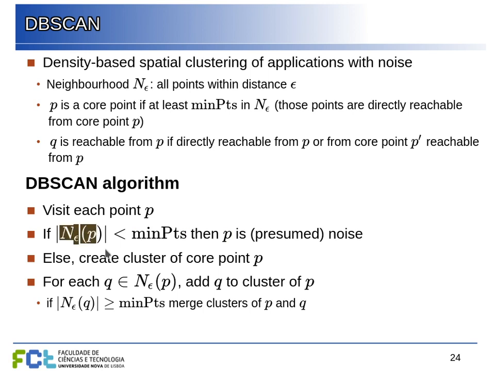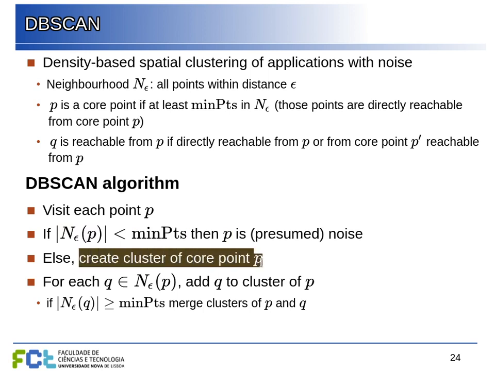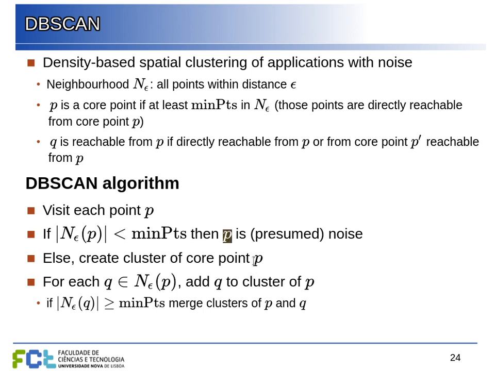If not, if it's at least as large as the minimum number of points, then we're going to create a cluster with this point P as one core point of that cluster. And now we're going to look at the neighborhood of point P, and if P is a core point, we're going to add to the cluster defined by this point P all the points in the neighborhood of P. Now, it may happen that when we are adding points in the neighborhood of P to the cluster, this point Q may itself be another core point.